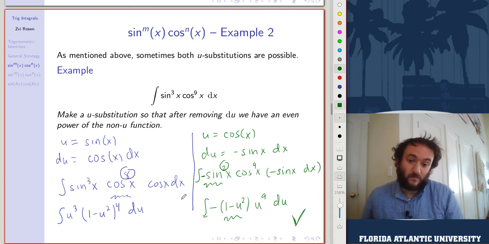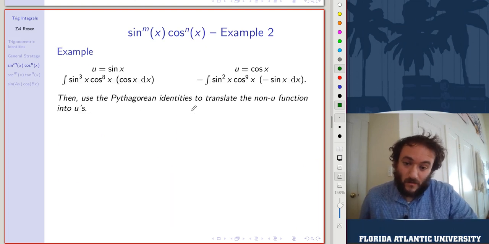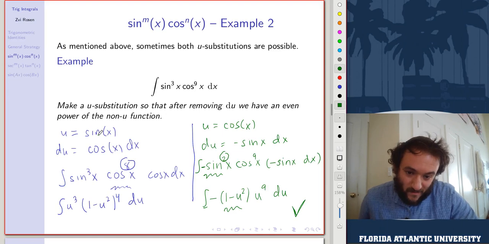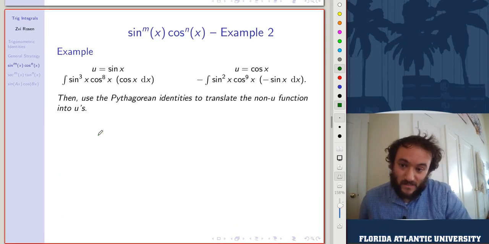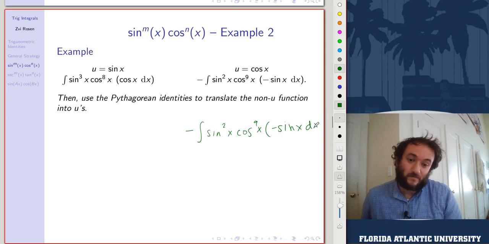Okay, now on the next page, we're going to look back at the trigonometric form of this. So this is minus sine squared x cosine to the 9th x times minus sine x dx. And this, as we said before, is going to translate into u's very nicely.